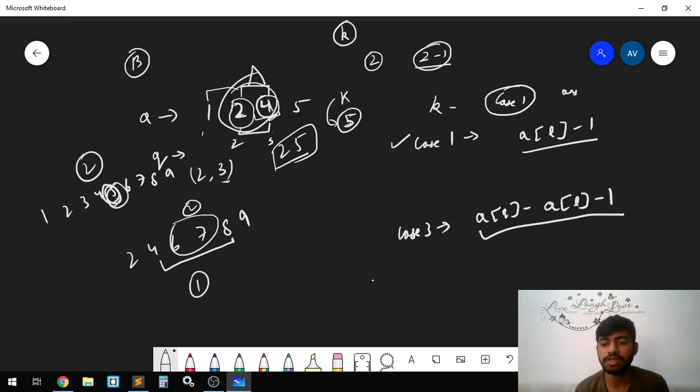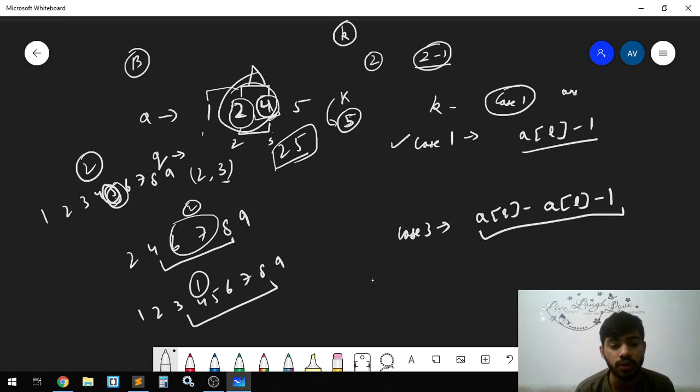It tells us how many elements would be present if the array were something like this: 1 2 3 4 5 6 7 8 9. If the array is like this, then there are this many elements in between, right? But our given array is something different, like 4, 6, 7.